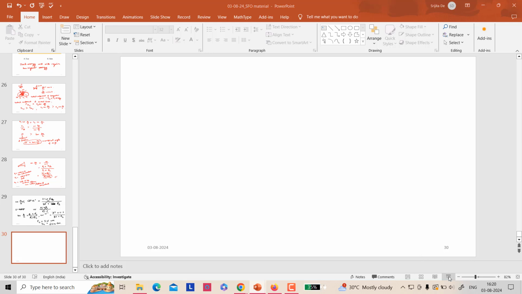For the ball mill, you can see that there is a big ball here, and inside this is your feed particle. This ball is continuously rotating, and along with it the feed particle will also rotate, right?